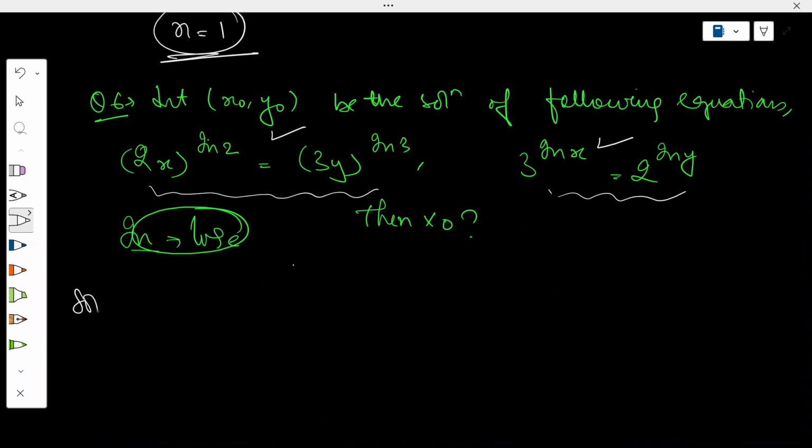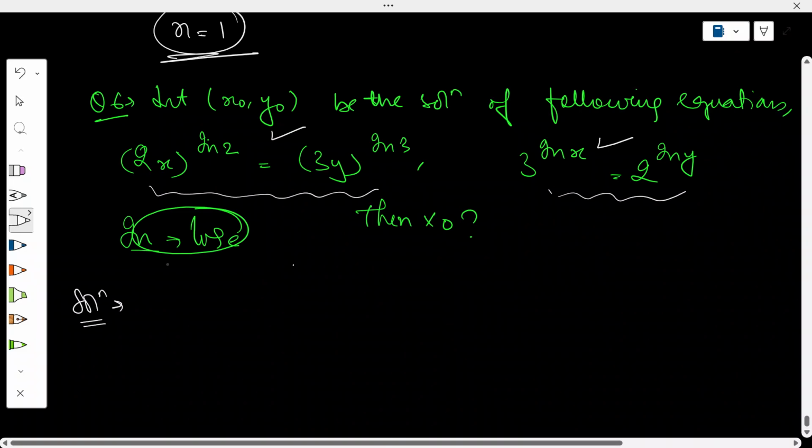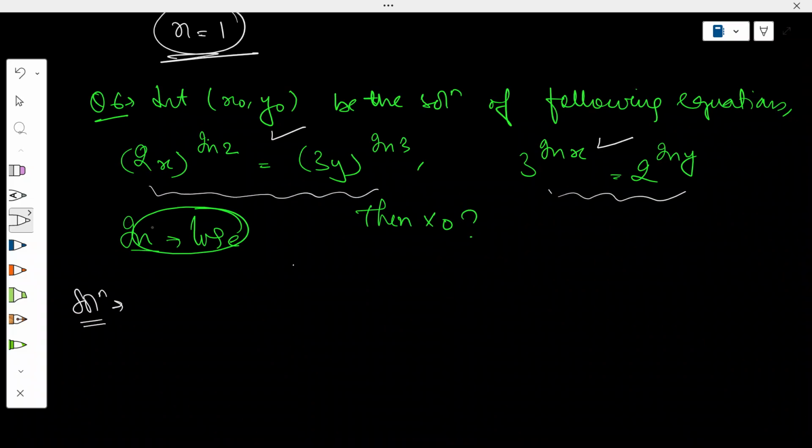So this will be our framework. Take the log on both sides, at the base of e only. On the first equation, take log base e on both sides.